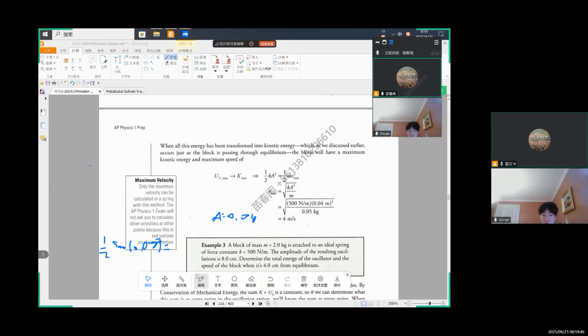Yeah, so it's 1.6 J. And then the speed of the block when it's at 4 centimeters. 1/2 times 500 times 0.04 squared equals 1/2 mv squared.